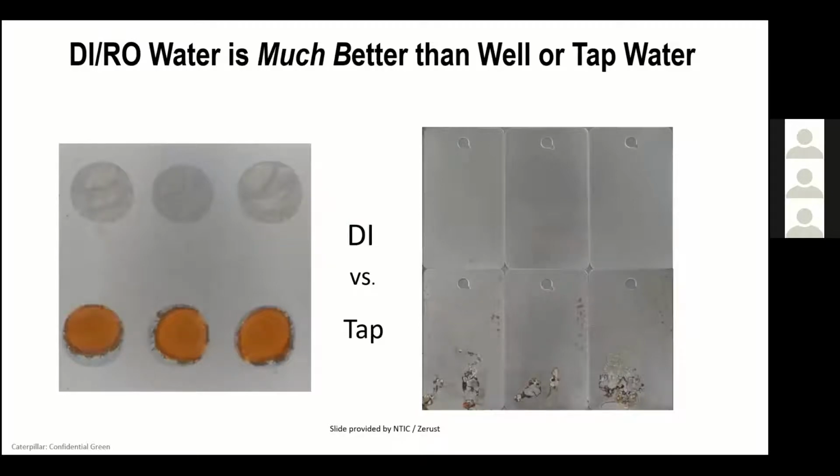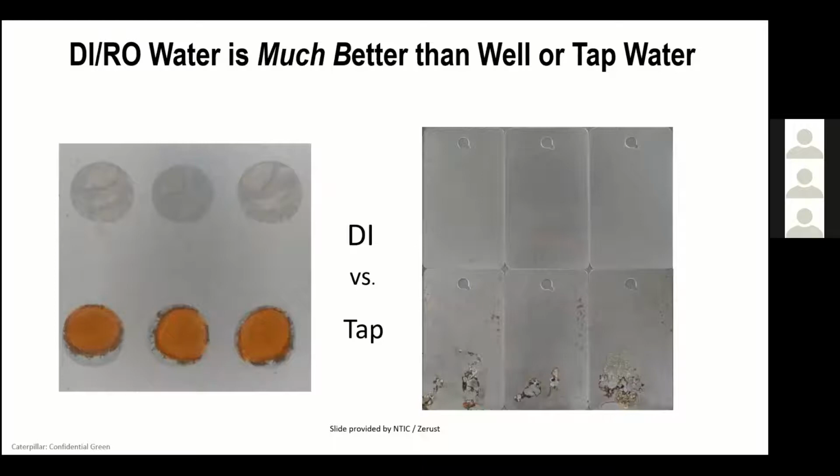Up on top here, you see deionized water. It's a process to get rid of cations and ions, as well as reverse osmosis. Some people have reverse osmosis systems in their homes. What we're showing on this chart is that the particular water that was sampled, tap water, has all these ions that you'll see in water.